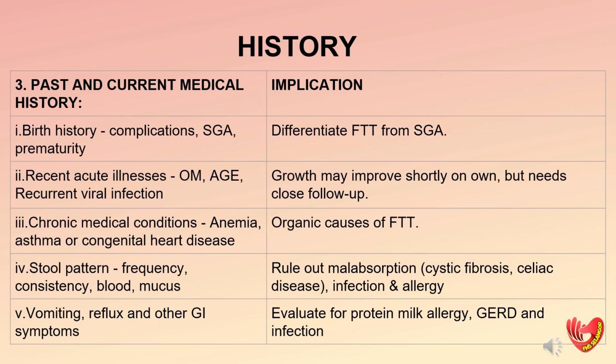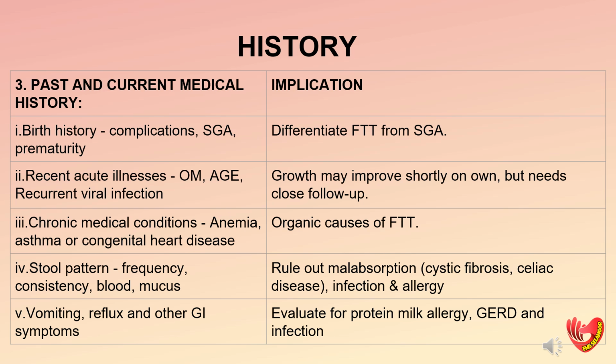Any recent acute illness, such as otitis media, acute gastroenteritis, or recurrent viral infection, may be the reason for poor weight gain, and the child's growth may improve on its own, but these children need to be monitored. Chronic medical conditions such as anemia, asthma, or congenital heart disease could point towards an organic cause of failure to thrive.